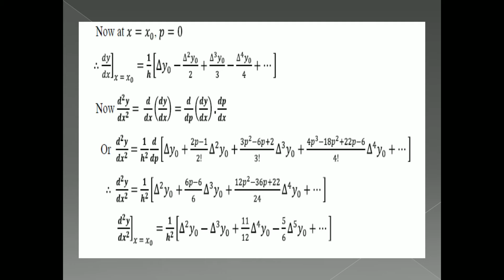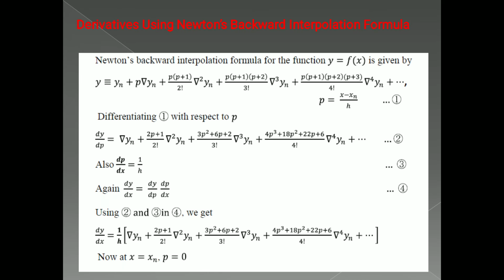After simplification, we get the second order derivative of y with respect to x at a particular value of x, that is x equal to x0, which is in the beginning of the table, given by 1 upon h square [delta square y0 minus delta cube of y0 plus 11 upon 12 delta raised to 4 y0 minus 5 upon 6 delta raised to 5 y0, plus and so on]. Okay.